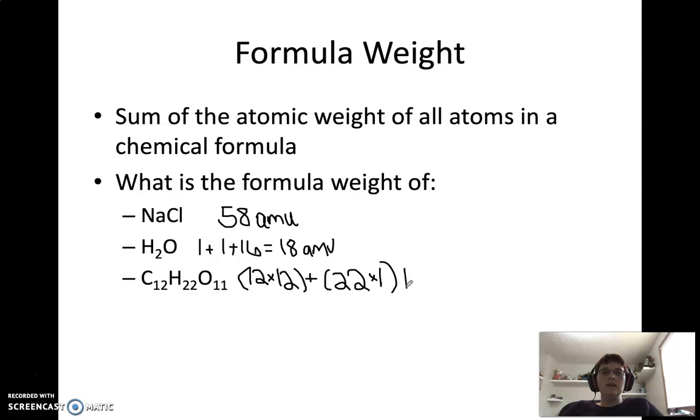And then we have to add in our oxygen, atomic weight of oxygen, 16 times 11. So we get 176. And our 144, and our 22.